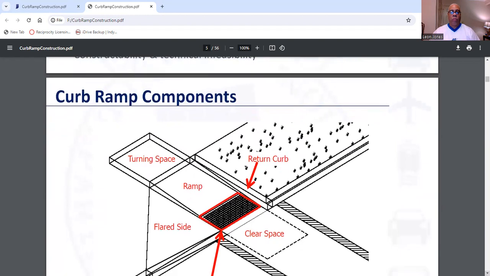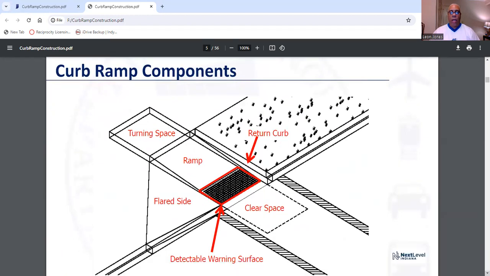Now, here's what your curb ramp components in a pictorial form look like. Okay, you have your turning space. This is your ramp. Right here, this is your detectable warning surface. You also have flared sides, and you have your return curb. Now, curbs, some of them have reveals.